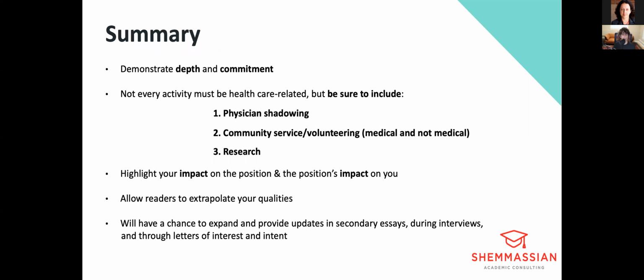All right. So the summary is, demonstrate depth and commitment. It's not about quantity, it's about quality and depth. Second, not every activity must be healthcare related, but make sure to include physician shadowing, both medical and not medical, community service and volunteering. Again, if you just have paid work in the clinical sphere, not the end of the world. If you have community service on top of that, even better, but not the end of the world if it's just the paid.